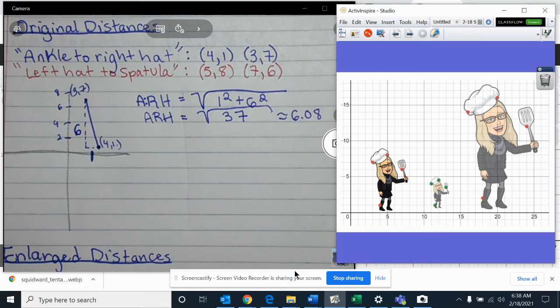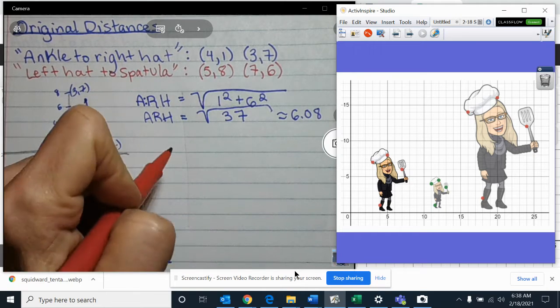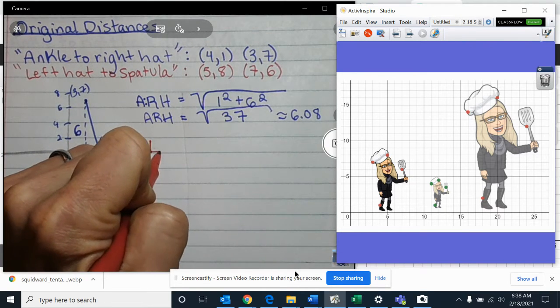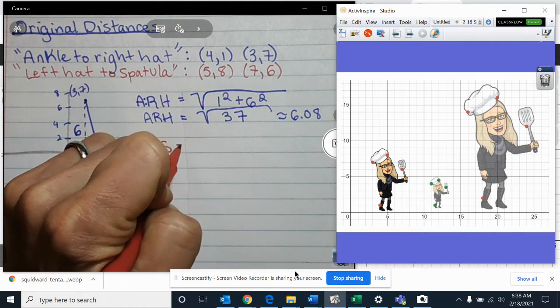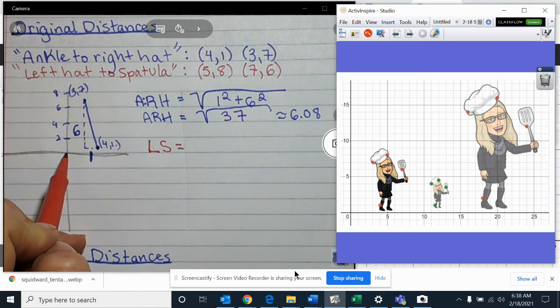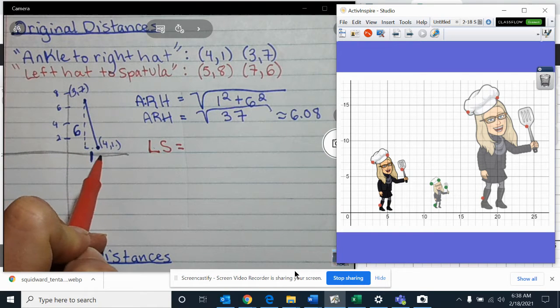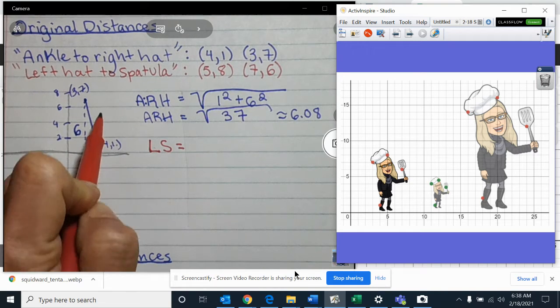Now let's keep looking at the other distance from the left hat to the spatula. So I'll call that L, the left hat to the spatula. But let's plot these points. So we need to go over about 5 spaces, so past this 4, but then up to 8.